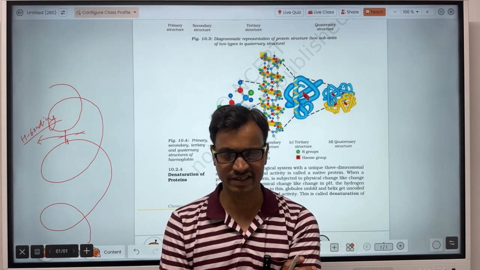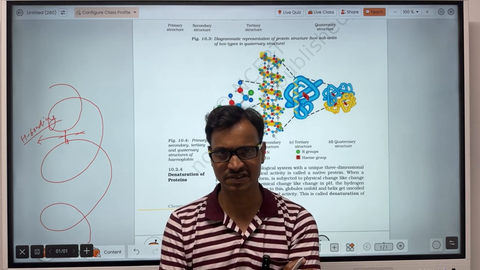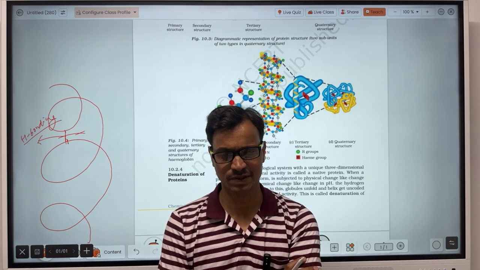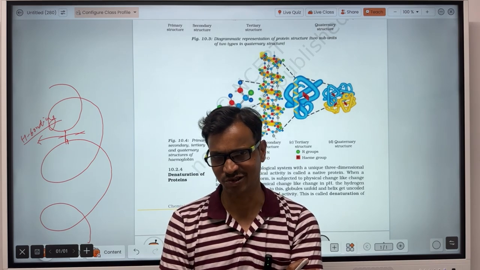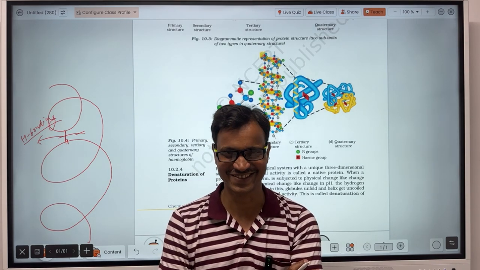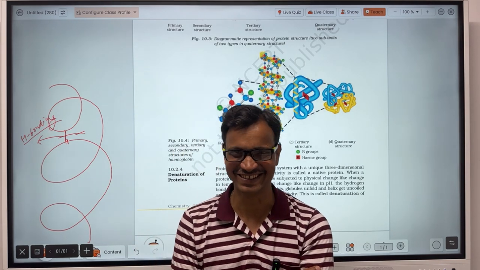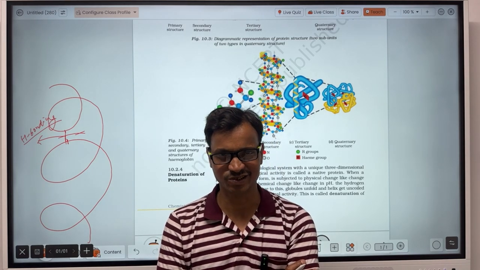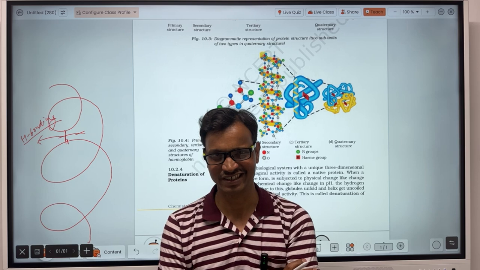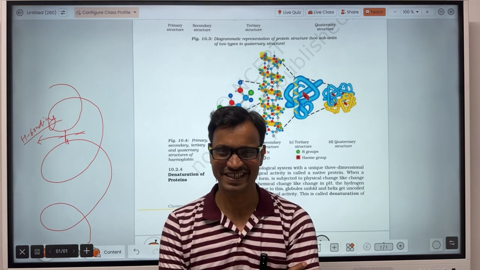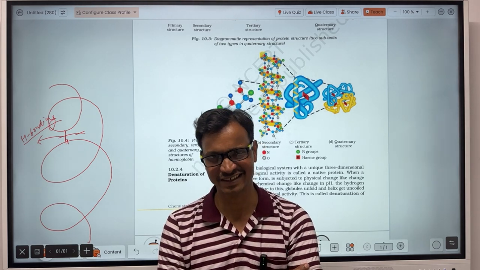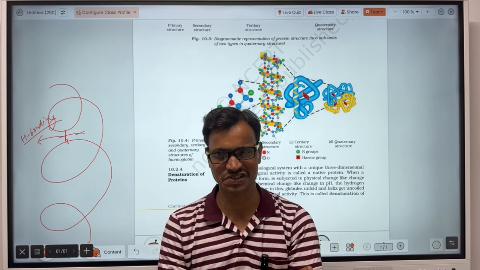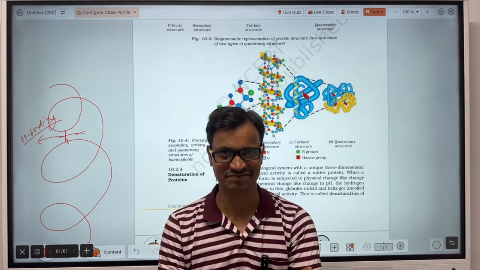When you have added curd, the lactobacillus bacteria respire anaerobically there, and some amount of ethyl alcohol is formed. In curd also there is ethyl alcohol. You know, ethyl alcohol is acidic, so the pH of the milk will change and the viscosity of the milk will increase.